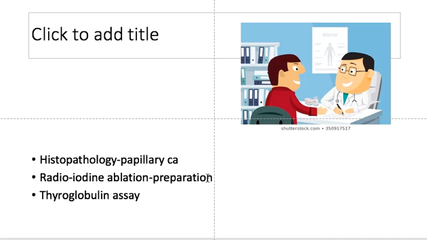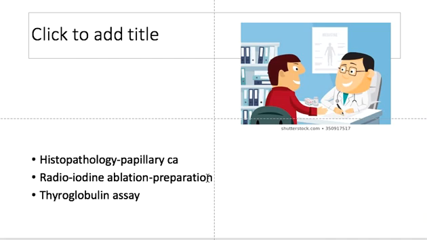So you have to discuss this with your radioiodine ablation department or the oncologist. And if you think it won't happen in 6 weeks, then you start on thyroxine, and when the date is planned, about 4 to 6 weeks prior, you stop the thyroxine and you get the TSH high.